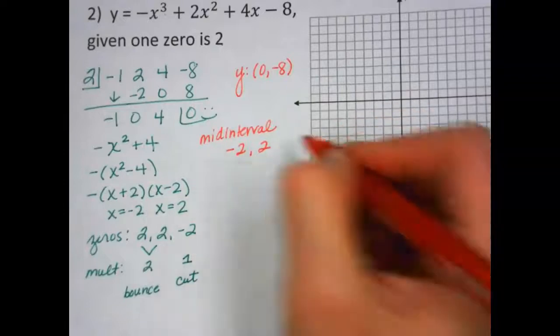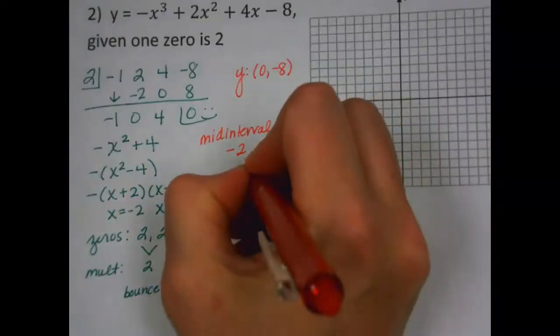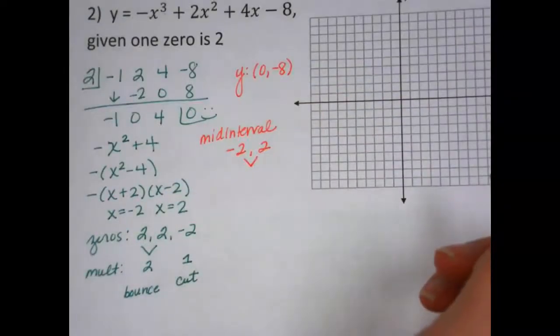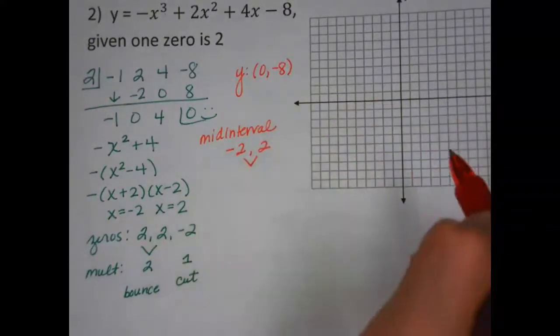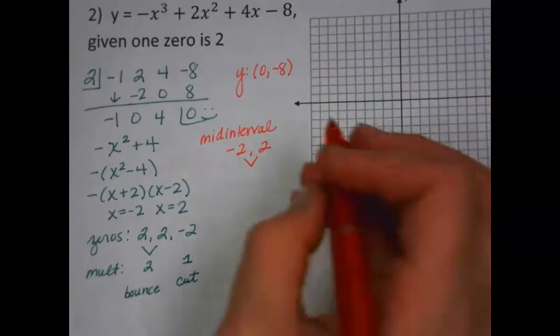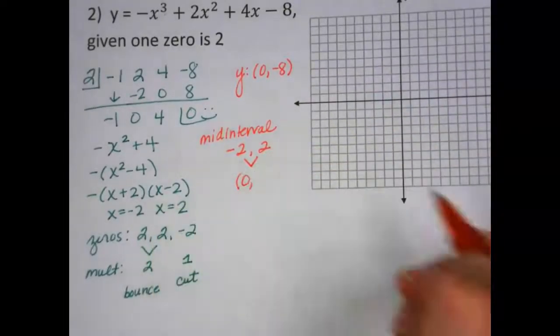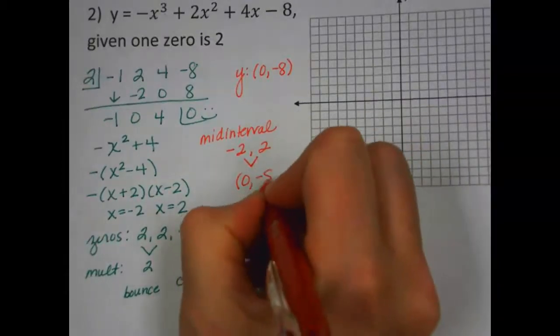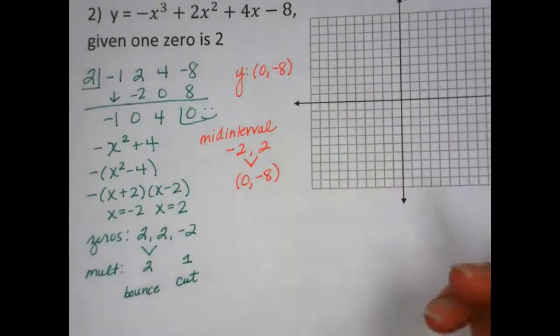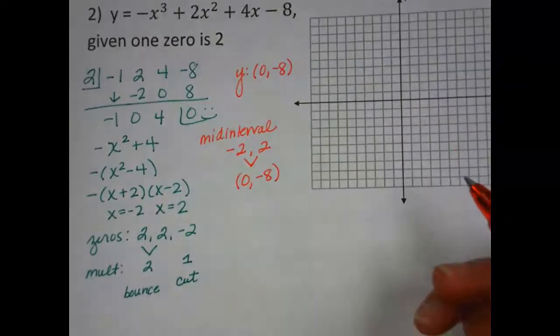We don't need to list our second 2 because it's the same thing. So in this case, there wasn't much of a list to do in consecutive order, but what's the middle point of negative 2 and 2? If you add those together and divide by 2, you get 0 for the x value. And then you put it back in, you get negative 8.